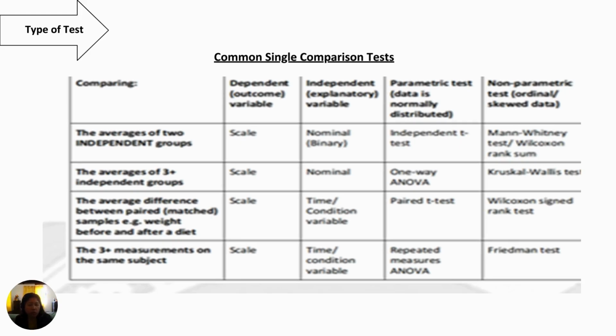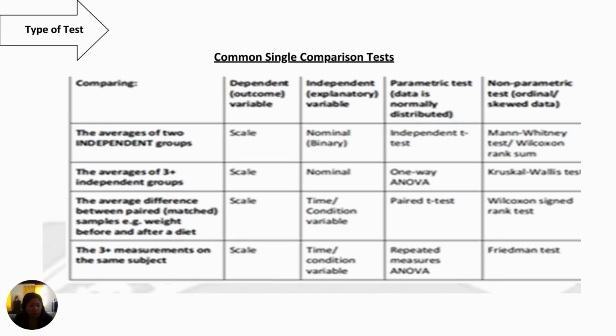So say you want to compare group A and group B, and the people in each group are different. So that falls under this category, no, comparing the averages of two independent groups. So when we say independent groups, the people in each group are different, and you want to compare the people in each of those groups.